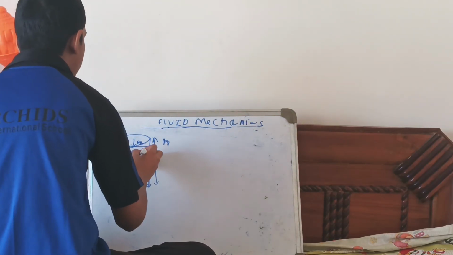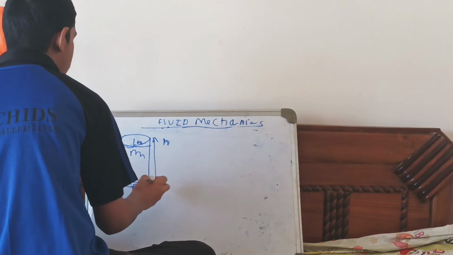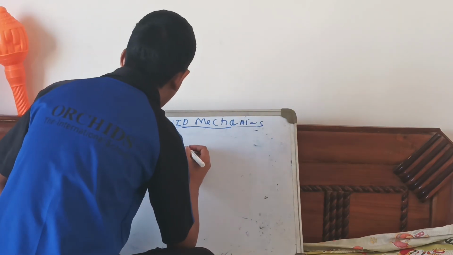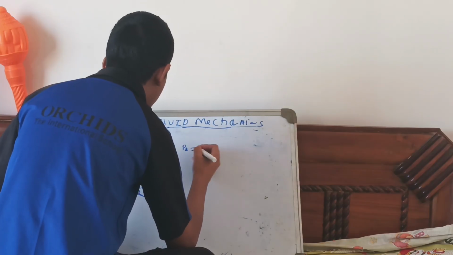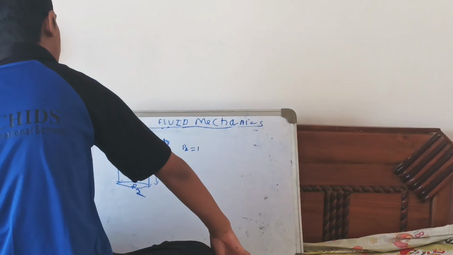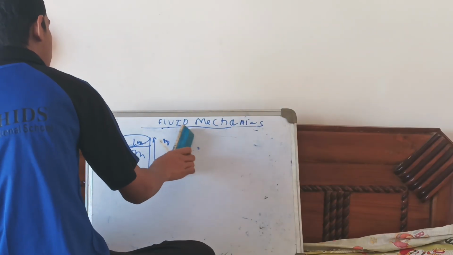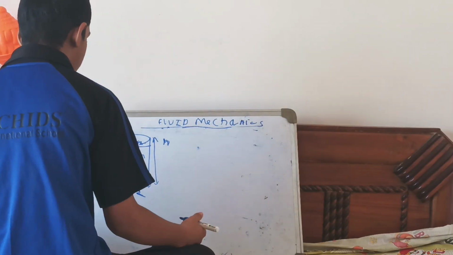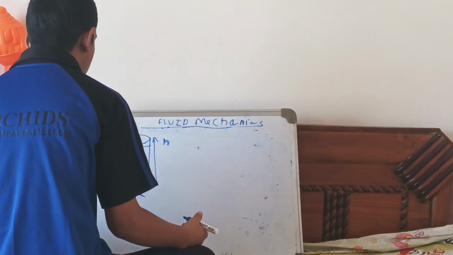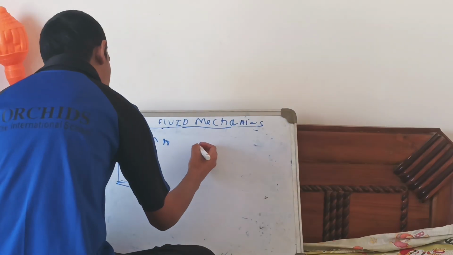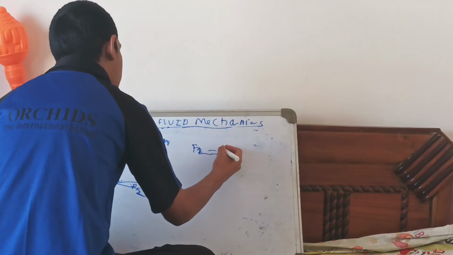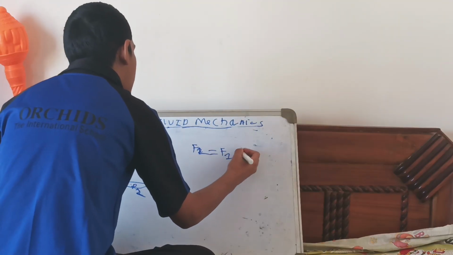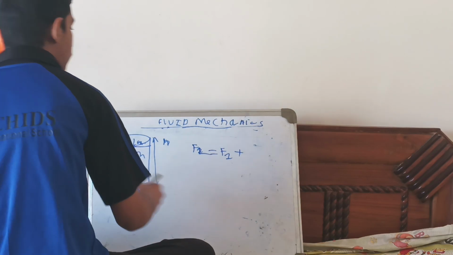The water mass is the total mass up to here, so F2 equal to F1 plus weight of the water, which is mg.